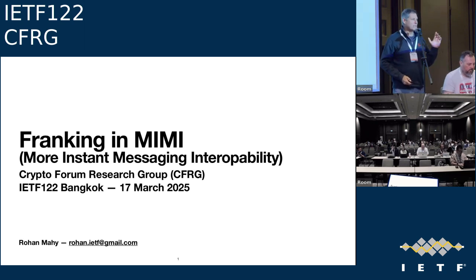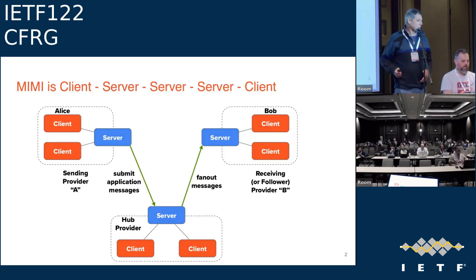Hi, I'm Rowan. I'm very active in the MIMI working group, more in instant messaging interoperability. MIMI is a protocol for interoperability of instant messaging systems. It is a bit unique in that the flow for sending a message can go through up to 5 entities. Say Alice's client is a sending client.